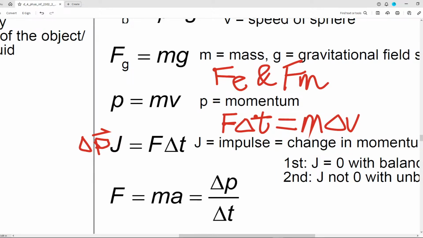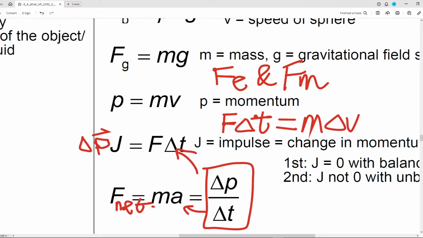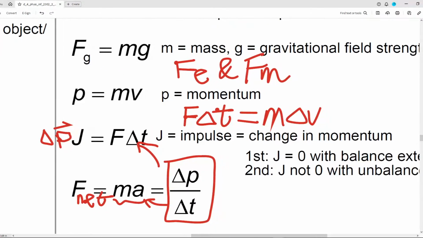The net force is equal to change in momentum, aka impulse, over time. That's where this formula comes from, actually. And if you rearrange it, if mass stays the same, then that turns into MA. This is a more famous formula, but Newton actually framed it in terms of impulse.